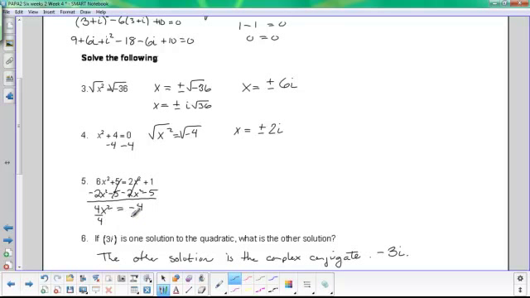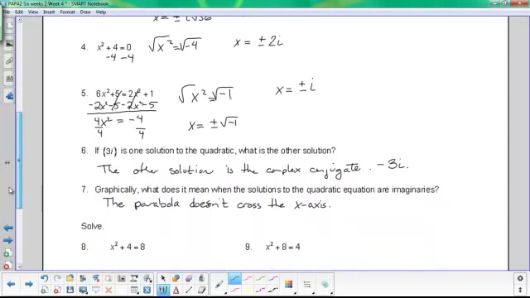Divide out your 4 on both sides. x squared equals -1. Square root both sides. You get x equals plus or minus square root of -1. Remember, the square root of -1 is the value i, so x equals plus or minus i.